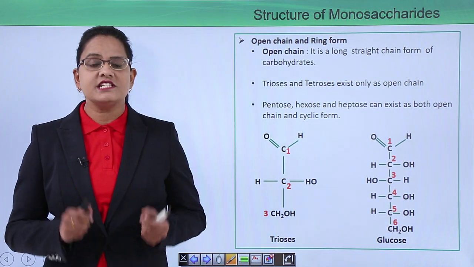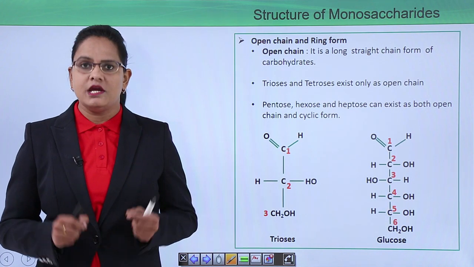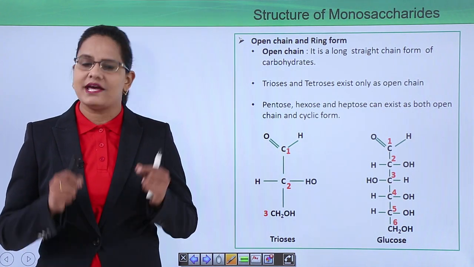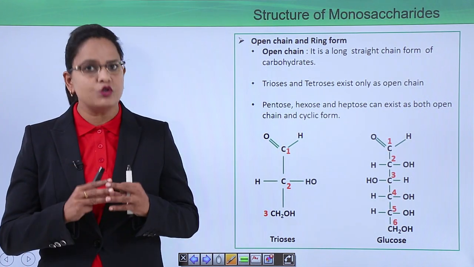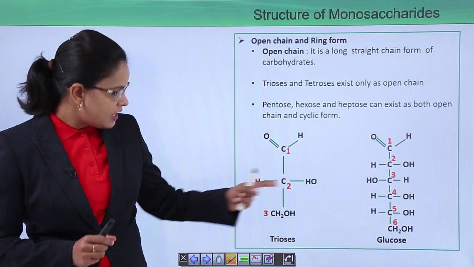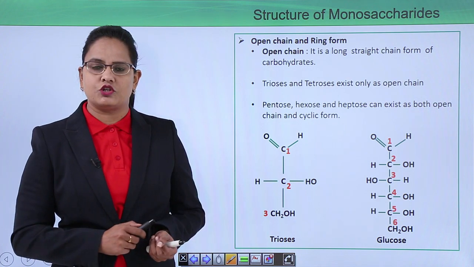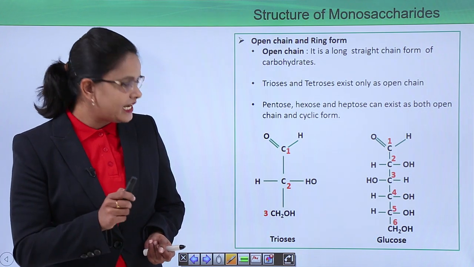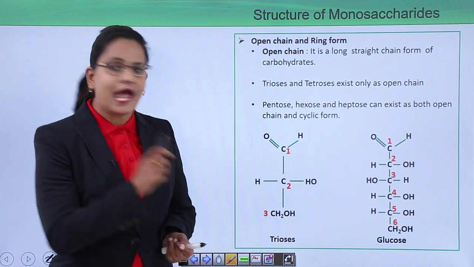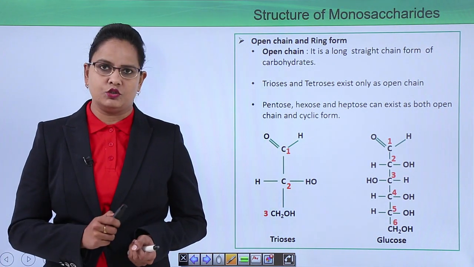The hexoses, pentoses and heptoses can exist both as open chain as well as the closed ring structure. As you can see in the glucose, this is a straight chain structure of glucose molecule with aldehyde present at the first carbon and alternatively hydroxyl groups are present.